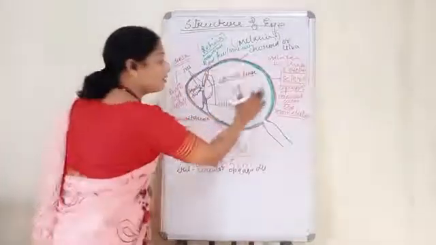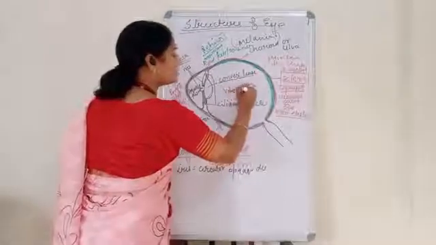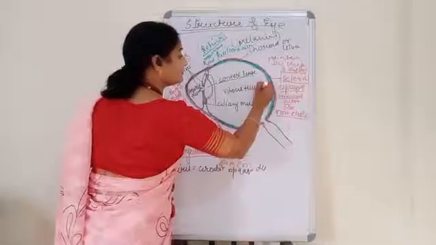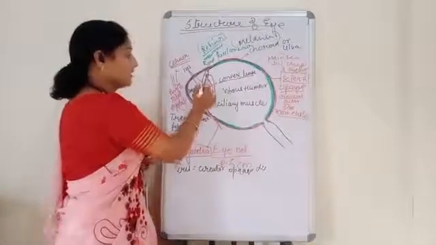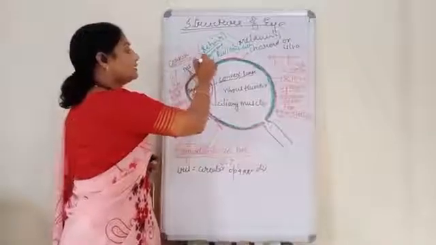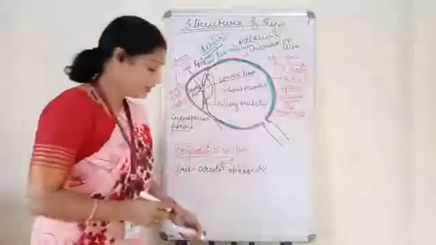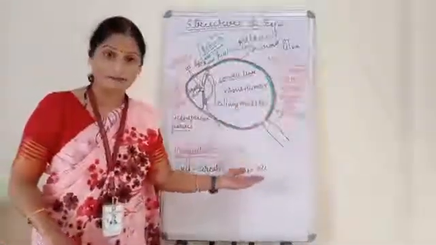And the liquid which is filled here is called the vitreous humor. Clear? Now, as I told you, iris is circular, so this hole is called the pupil. Understood? So this is only the diagrammatic presentation of the eye.